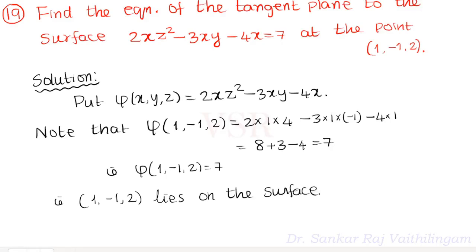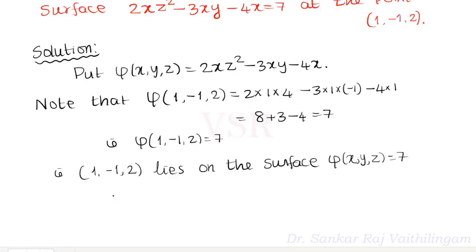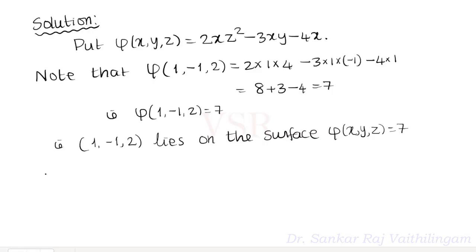Phi of x comma y comma z which is equal to 7 இருக்கு. Okay, so now let us calculate what is del phi at the point x comma y comma z. இதனுடைய வேல்யூ என்னன்னு செக் பண்ணுவோம்.